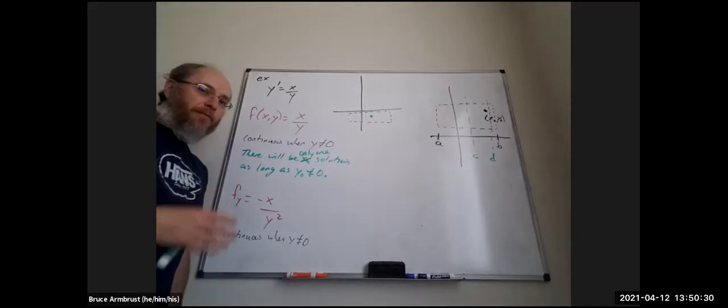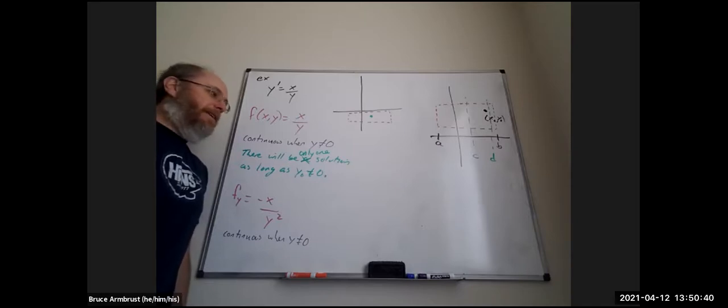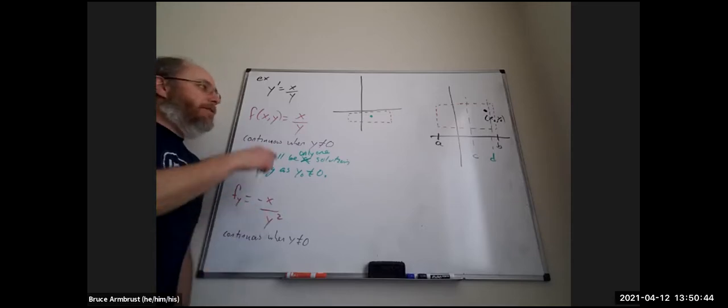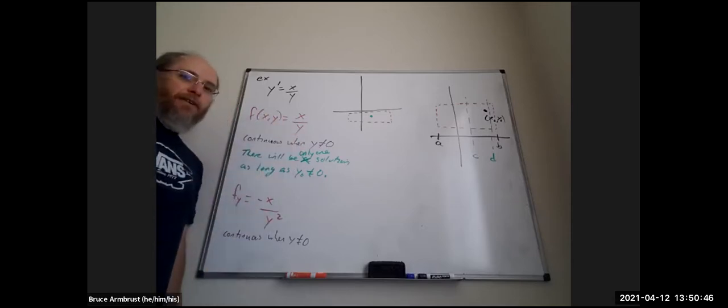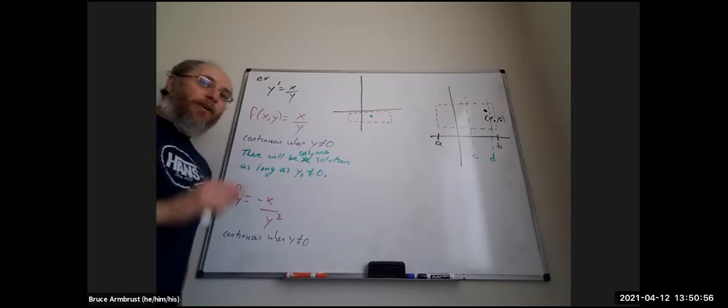Because if we have multiple solutions, then we have to decide which one's appropriate to the thing that we're dealing with, and so on. It's a lot better when there's one solution. So as long as our y doesn't equal 0 for our initial condition, you're guaranteed a solution. And not only are you guaranteed a solution, you're guaranteed that that's the one and only solution to the differential equation.